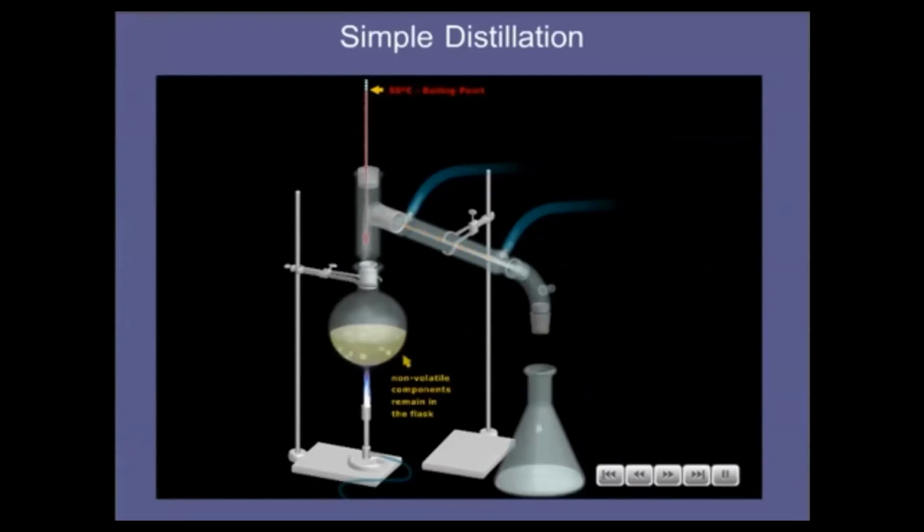If the vapors are pure, they will have a constant temperature equal to the boiling point of the liquid being distilled. As the vapors travel into the condenser, they will be cooled and will liquefy. The liquid droplets, called the distillate, run down the condenser and are collected in a receiving flask.